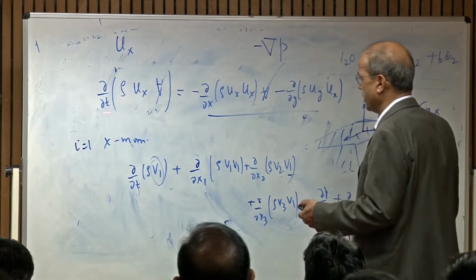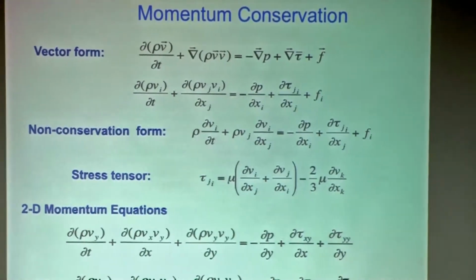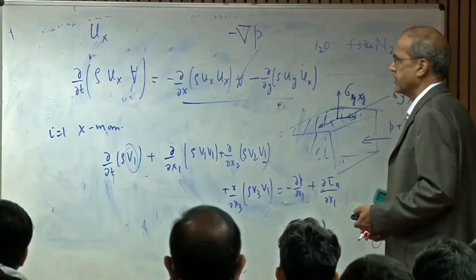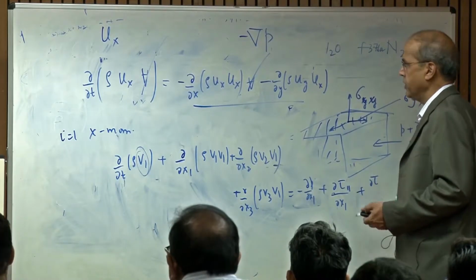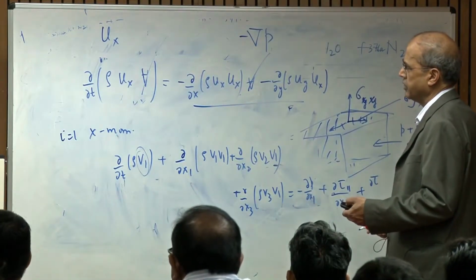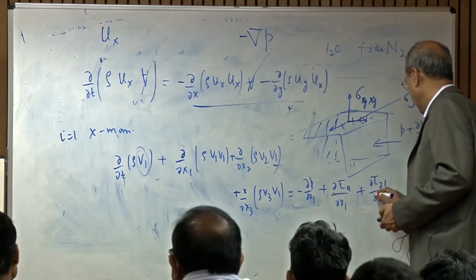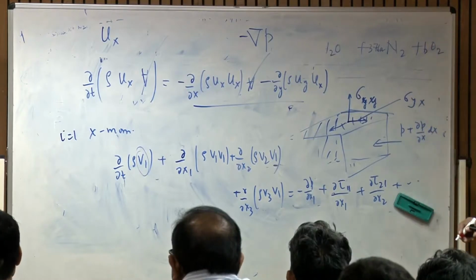Okay, I'm using tau there, not sigma. So you can choose whichever you like. Tau 11 dx1, correct? And then the next term will be tau 21 dx2. And that way you write the third term. Okay. So that's for the x momentum equation.